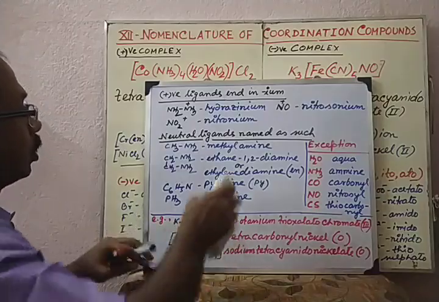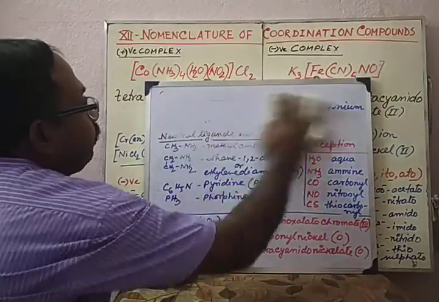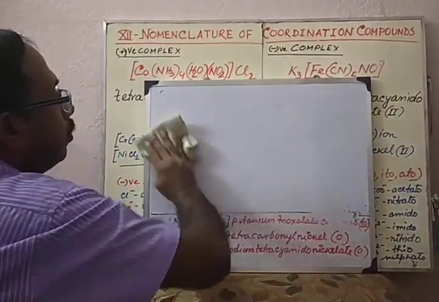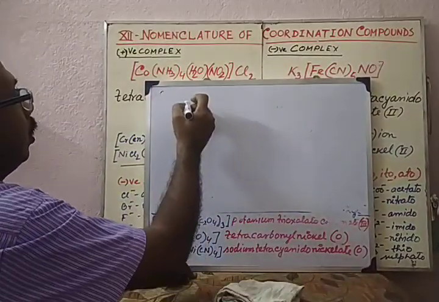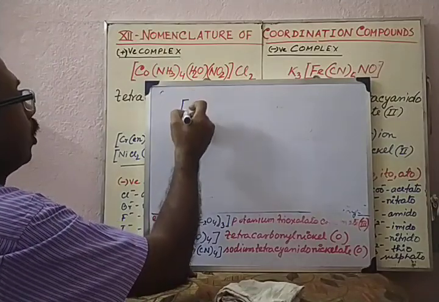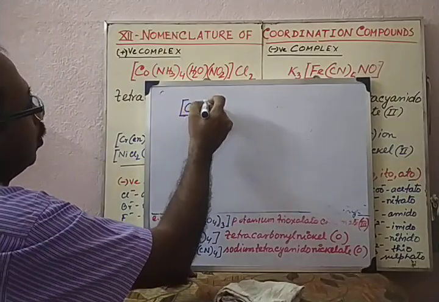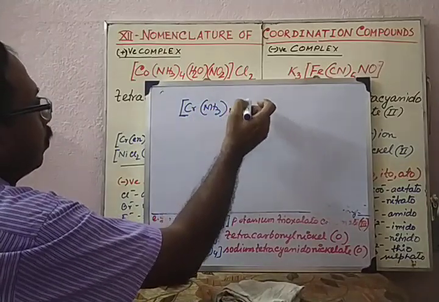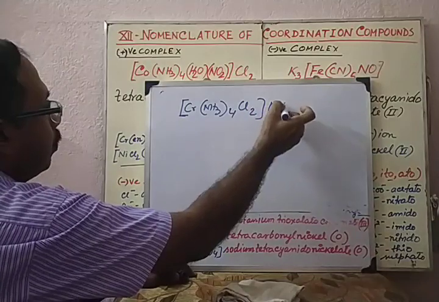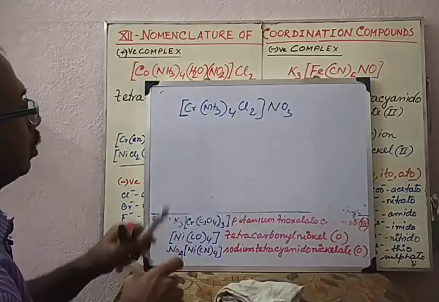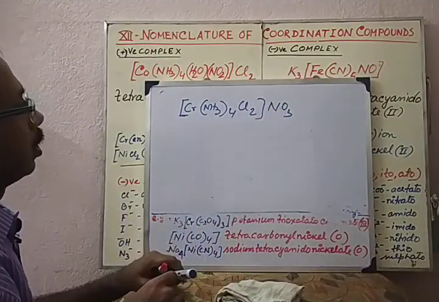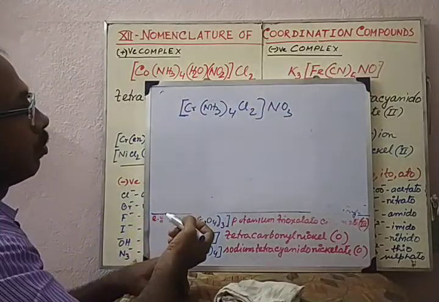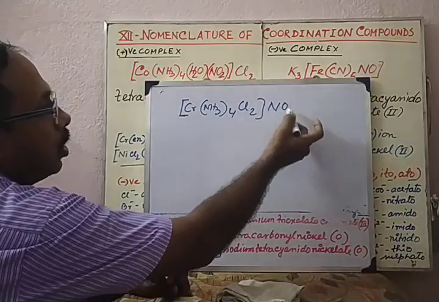Now let us follow some more examples. If we write this complex, you follow that this complex portion is positive because the counter ion outside is negative.